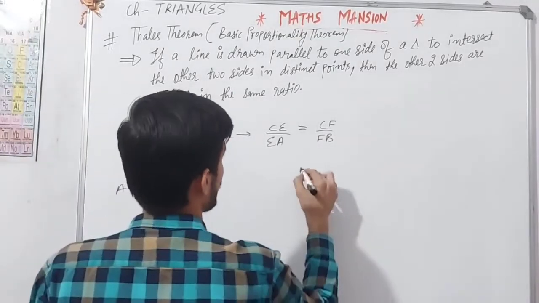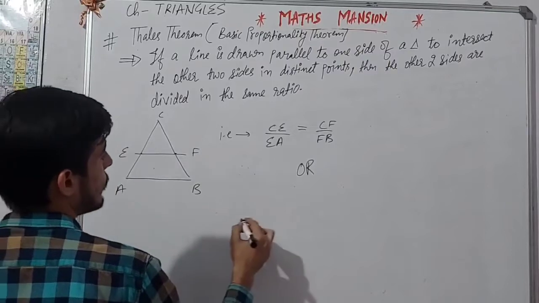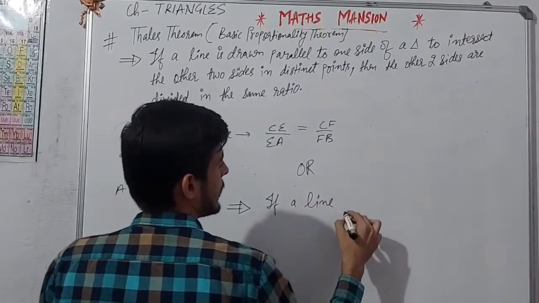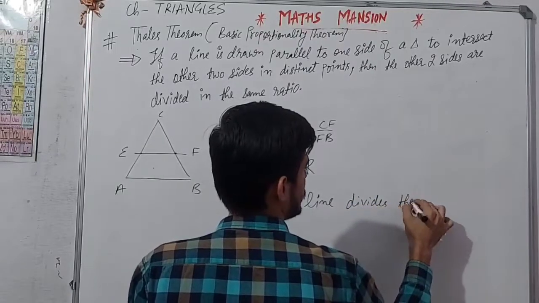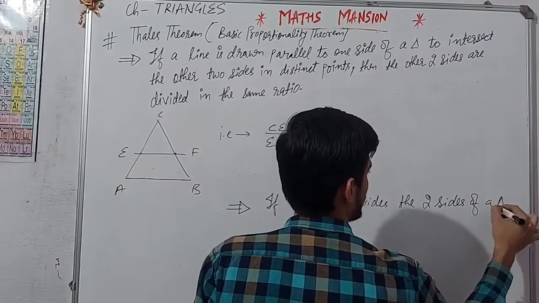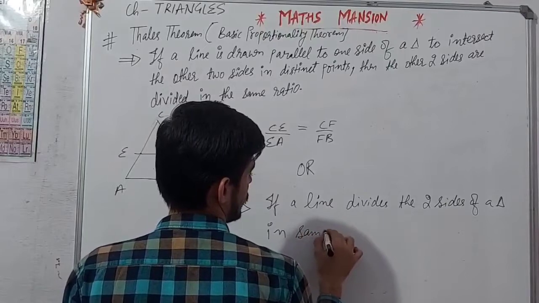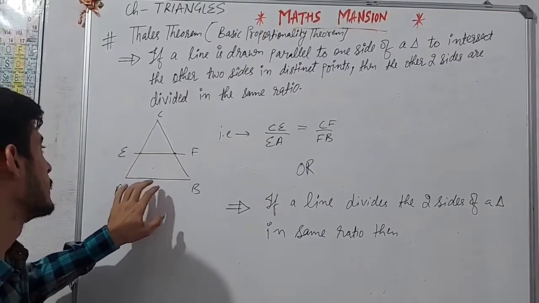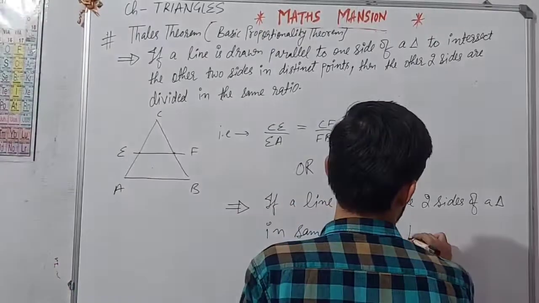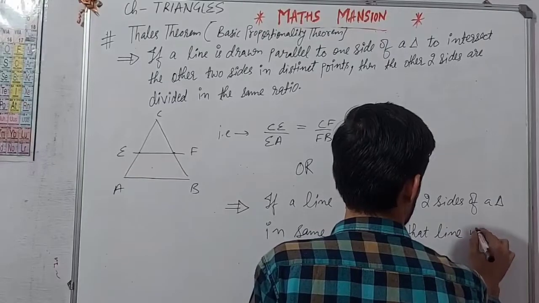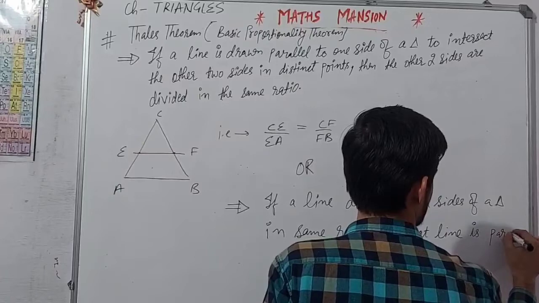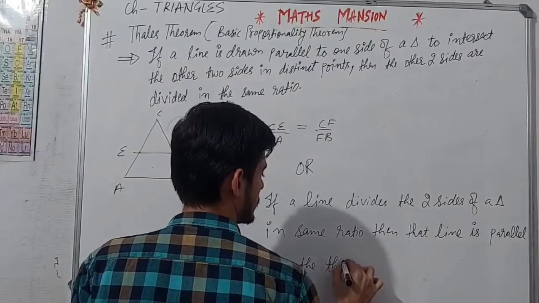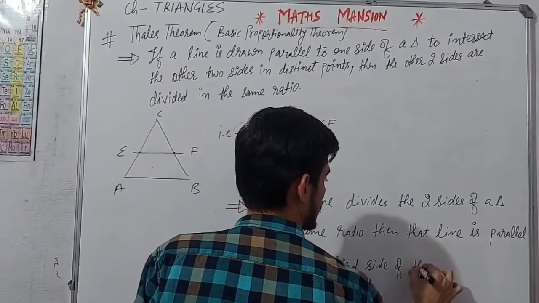The converse of this theorem is that if a line divides the two sides of a triangle in the same ratio, then we can say that the line is definitely parallel to the third side of the given triangle.